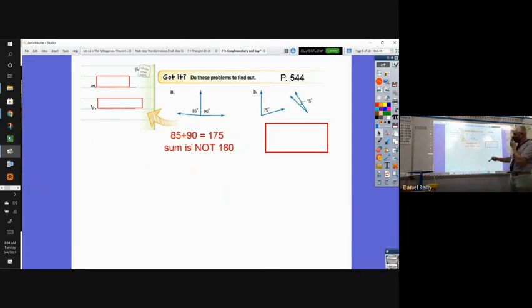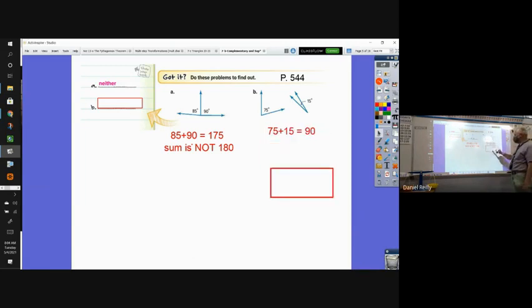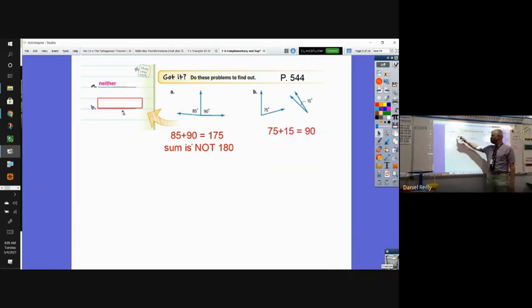Not 180, therefore the answer is neither. Letter B, Blake. Complementary, because 75 plus 15 is 90. So these two angles are complementary. Okay, so identifying whether angles are supplementary or complementary.